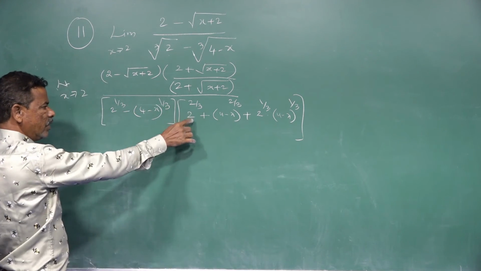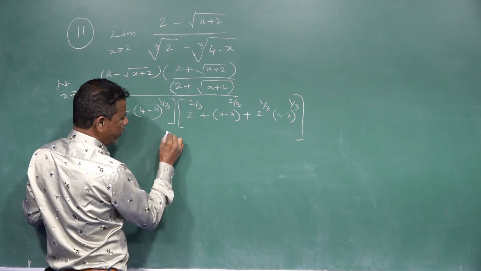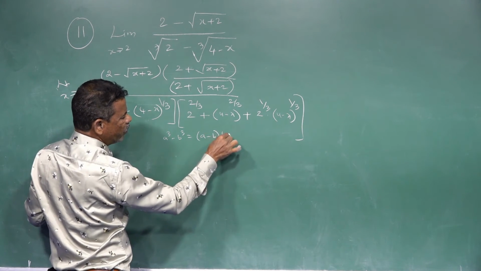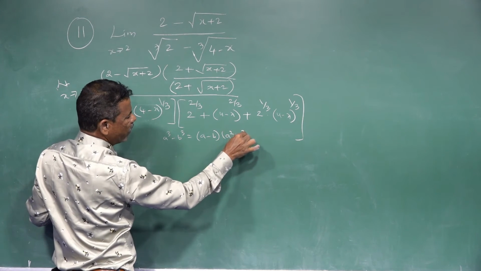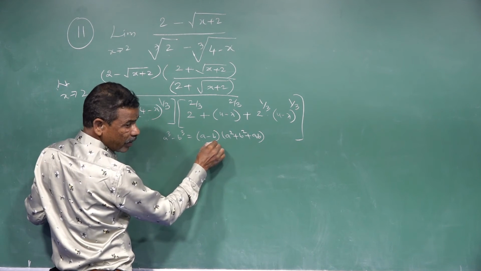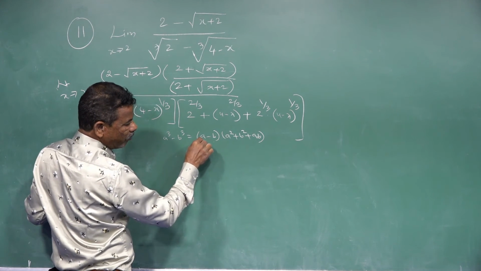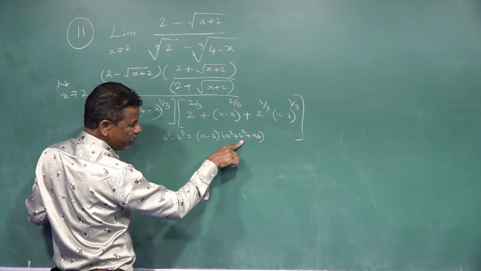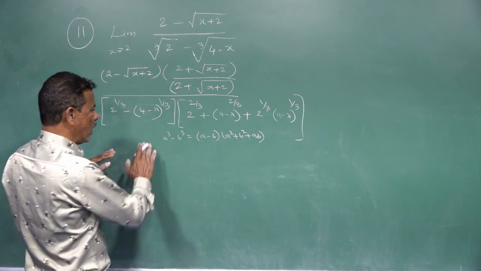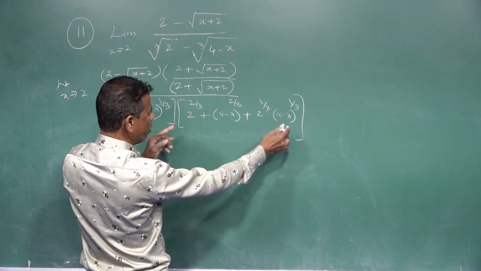So how does this come? For a cube minus b cube, it is written as a minus b into a square plus b square plus ab. So for this number, the multiplication number is a square plus b square plus ab.